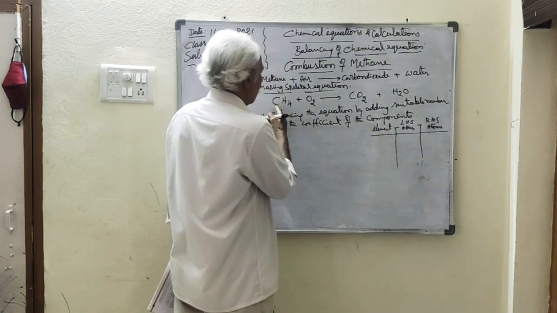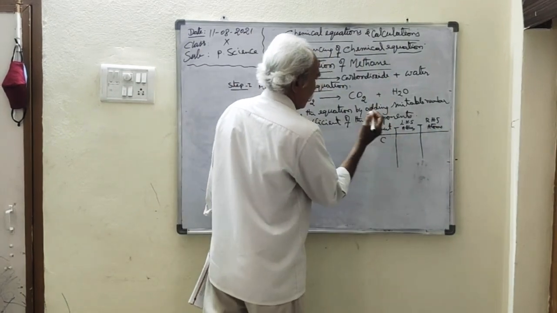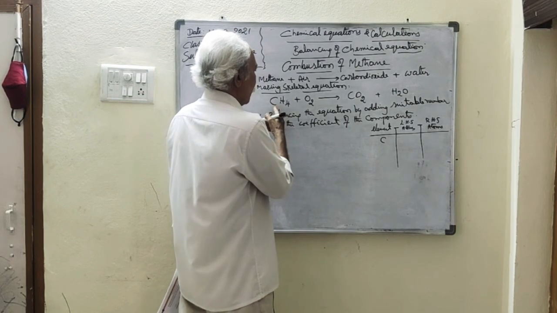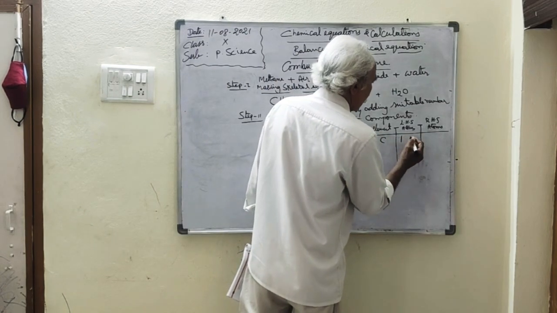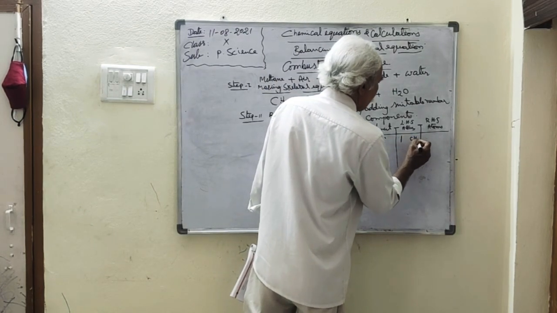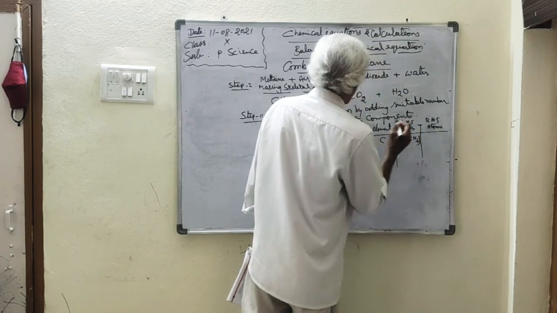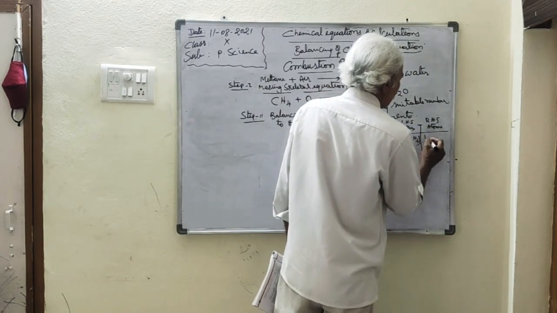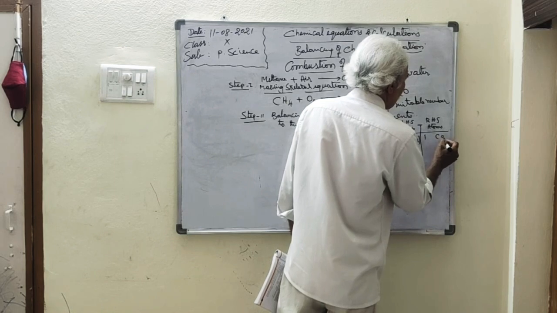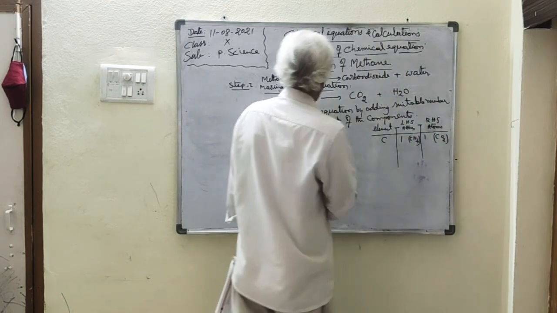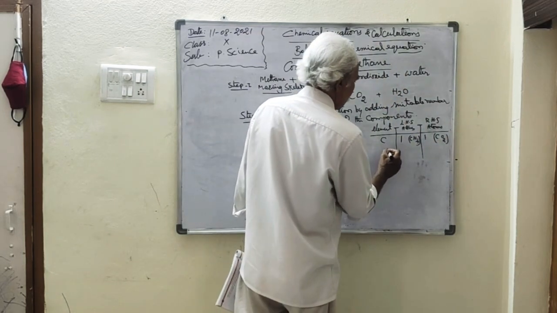First you take the carbon atom, the element is carbon. How many atoms? One atom is there coming from CH4, and one atom is there from carbon dioxide. Second is hydrogen.